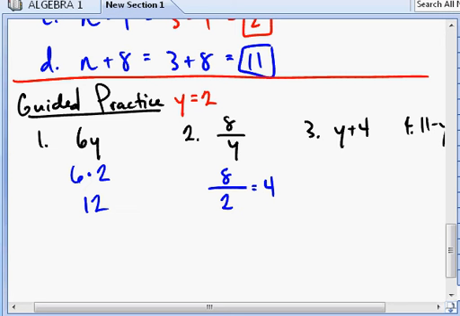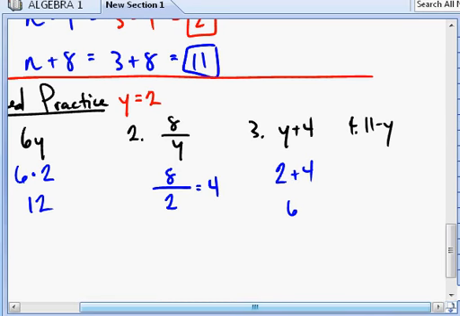What'd you get for 3? 6, good. 2 plus 4, 6. Questions yet? All right, last one, number 4. Derek, what'd you get for 4? 9? You sure? Yeah, it's 9. Good. 11 minus y is 2. 9. Okay, any questions?